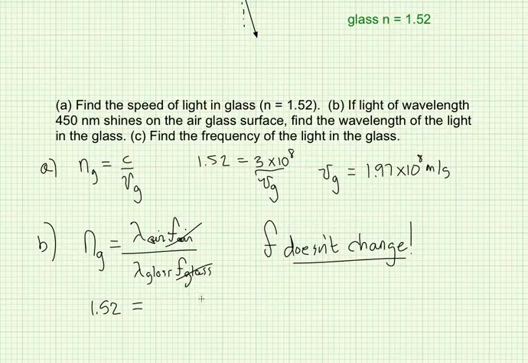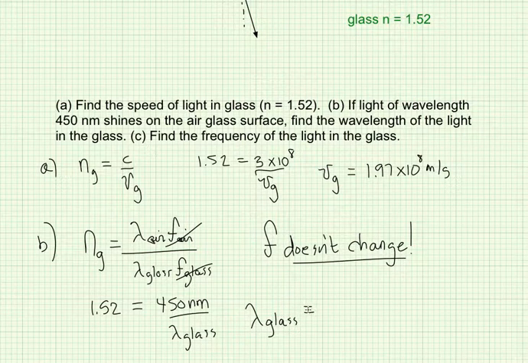My wavelength while it was in air was 450 nanometers, and my wavelength in the glass is what we solve for. All we have to do is take the 450 divided by 1.52, and that gives me 296 nanometers. Okay, so the wavelength got shorter when it entered the glass.